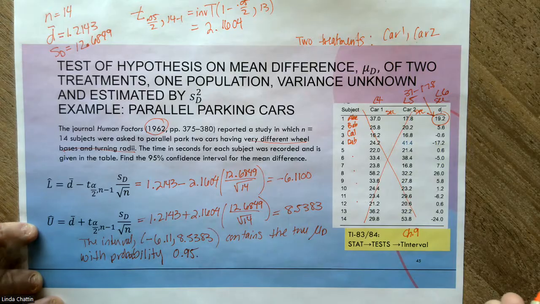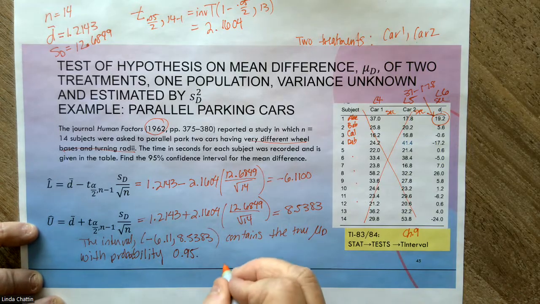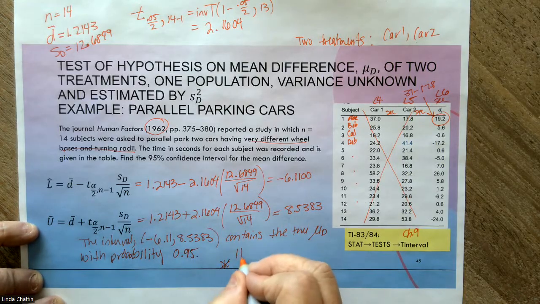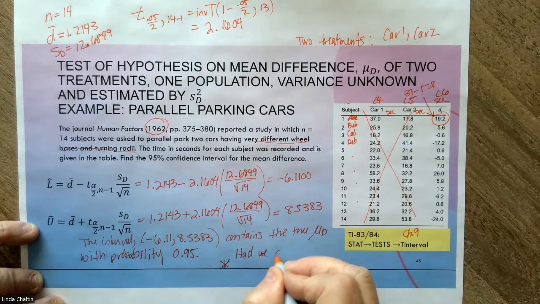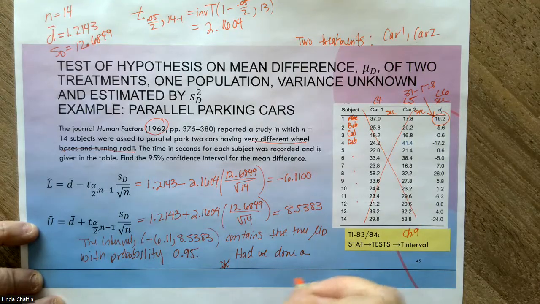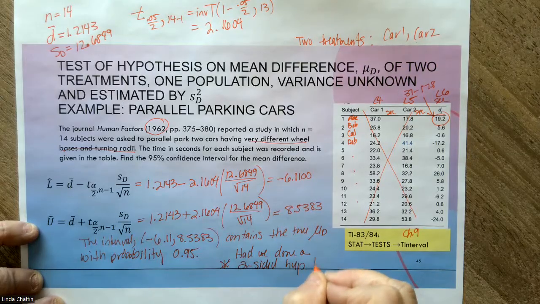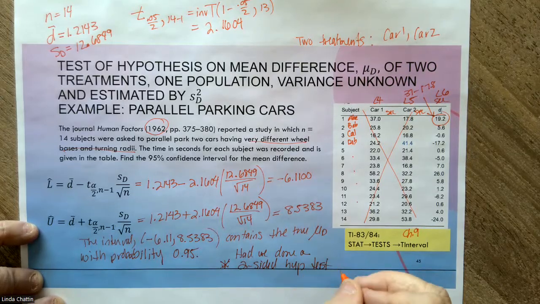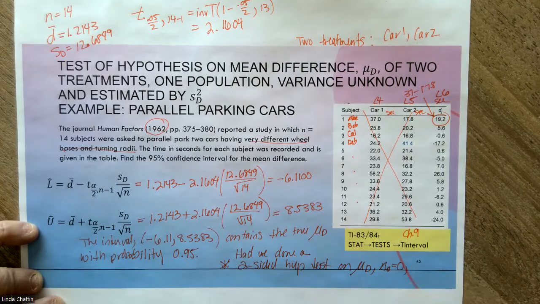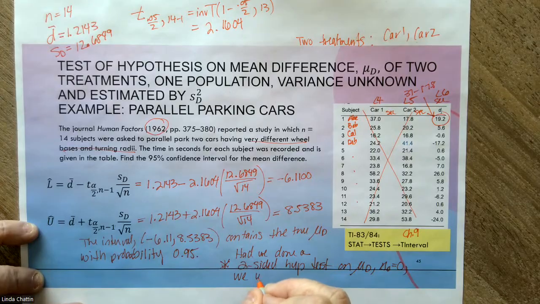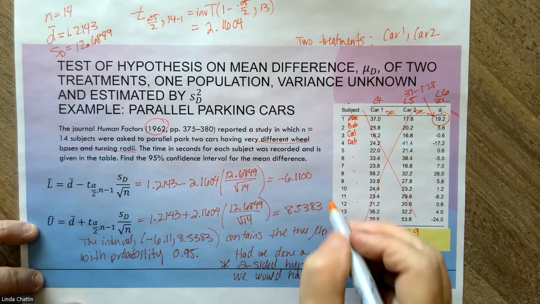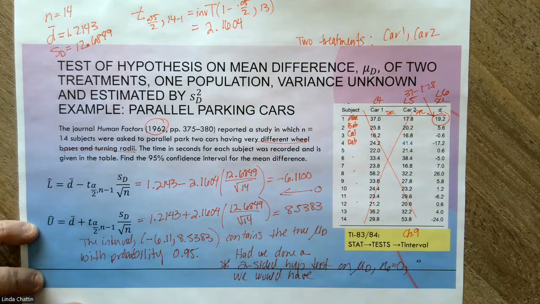Now, also remember this. Here's another nice little factoid. Had we done a two-sided hypothesis test on mu d with delta naught equals 0, what would we have done? Here's the hint: 0 is in here.